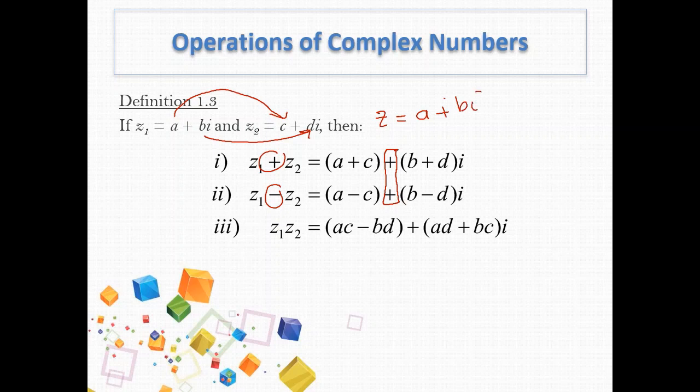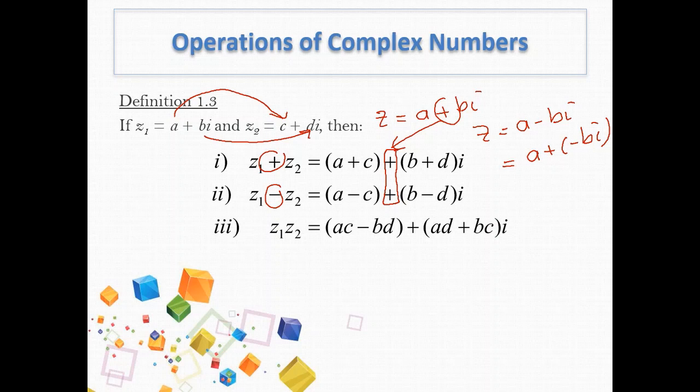So plus. It will be Z equal to A minus BI whenever your B is negative. Understand?